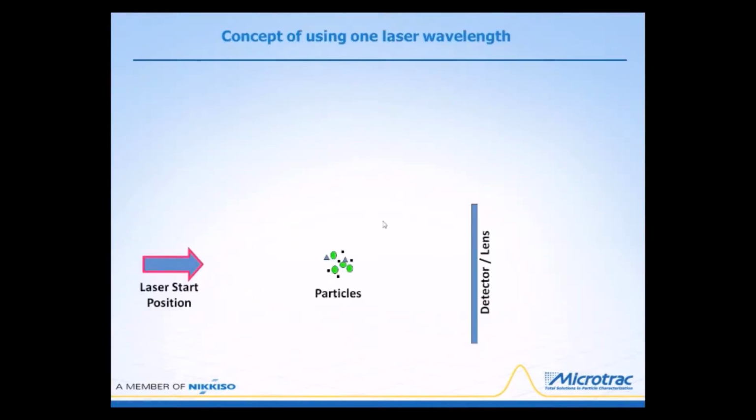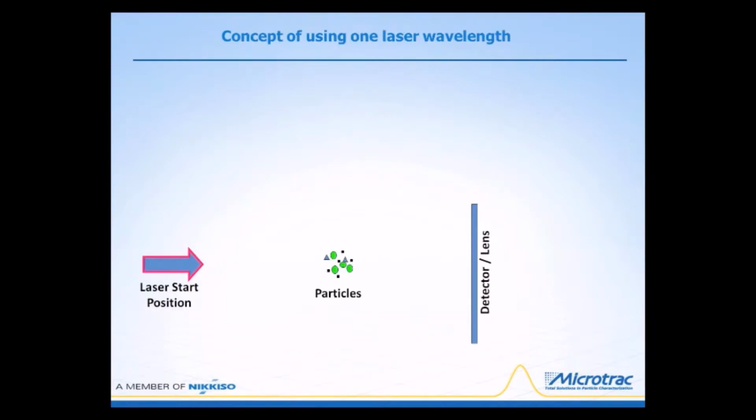Now, one of the things that has always been desired since the 70s, when we introduced the original Microtrac back in '74, was to extend the range of that original instrument, which started around 2 microns. There was always a desire to get into the submicron region.